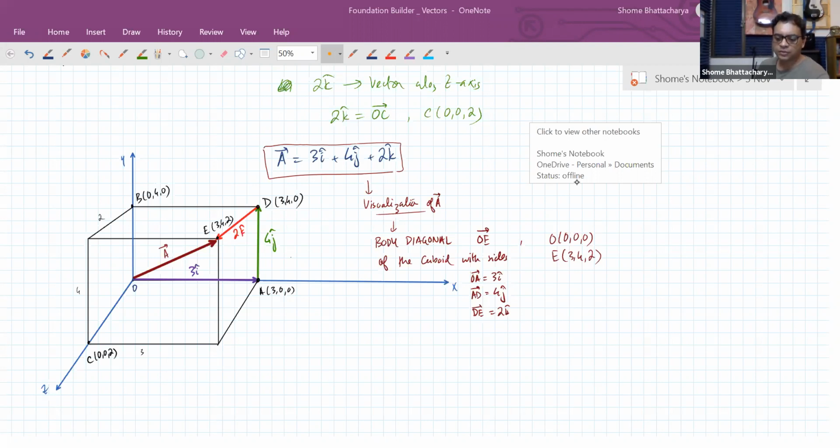Unless you take up a graduate-level course which deals with relativistic physics, you will not be dealing with a four-dimensional system where time is a separate axis. You'll always think of time as a separate physical quantity, nothing to do with your coordinate axes. And the motion, displacement or velocity is always with respect to the XYZ system, or the three-dimensional coordinate frame.